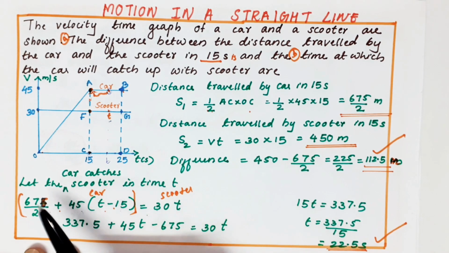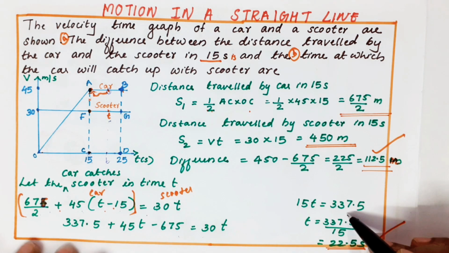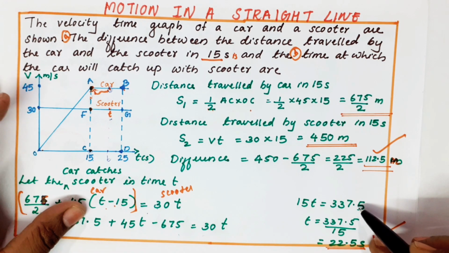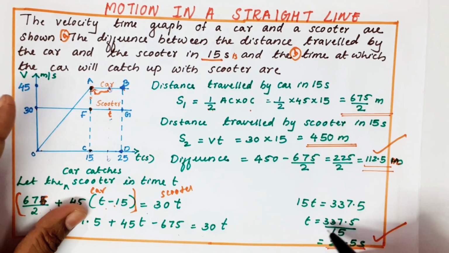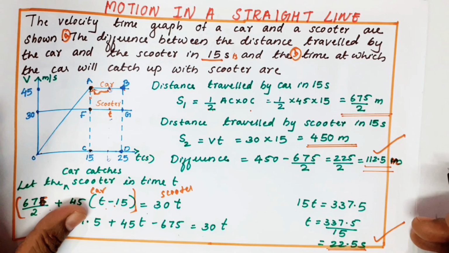If you open the bracket, 675 by 2 is 337.5 plus 45t minus 675 equals 30t. 15t is equal to 337.5. That is t equals 337.5 by 15, 22.5 seconds.